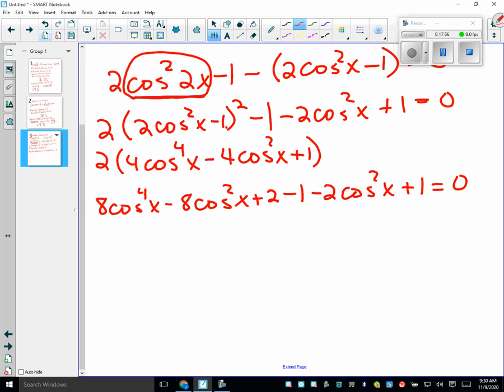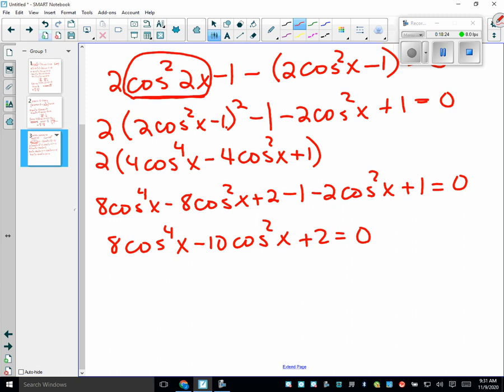So we should combine like terms. Yes. So I have 8 cosine to the 4th x minus 10 cosine squared x, right? And then plus 2.